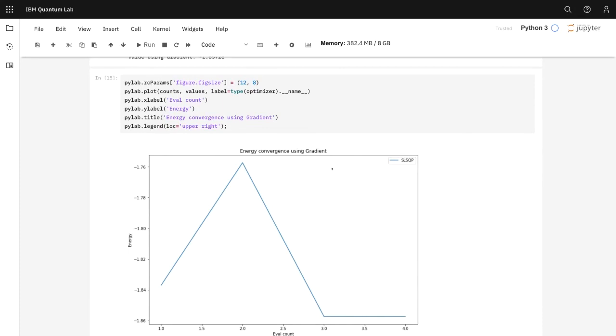There's no probabilistic component as in real quantum measurements. And this is not what happens when you do measurements on actual quantum computers, and that's going to be our next notebook.